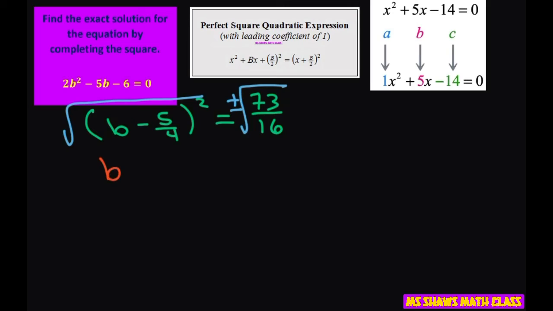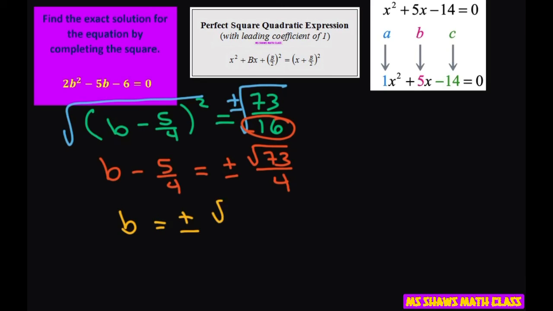So you have b minus 5 divided by 4 equals plus or minus, I'm going to go ahead and write this as square root of 73, and go ahead and take the square root of 16 is 4. Now all you have to do is add 5/4 to both sides of the equation. So that's going to be plus or minus square root of 73 divided by 4 plus 5/4.